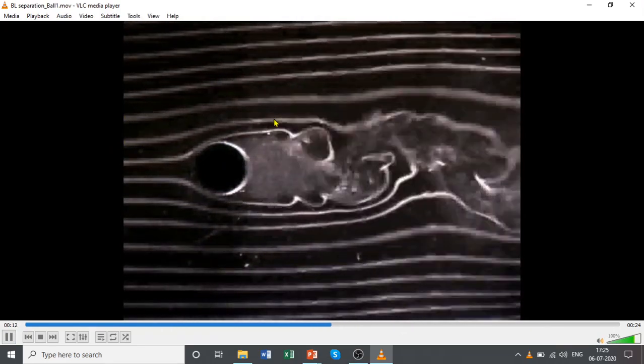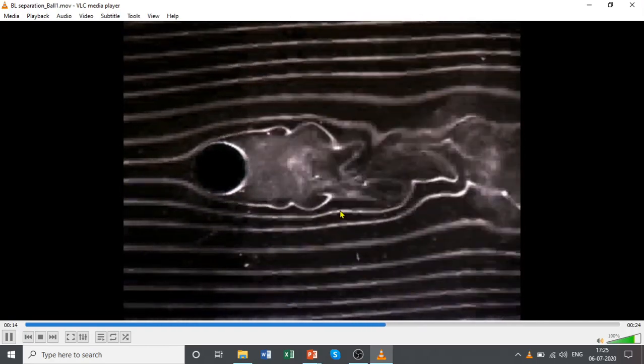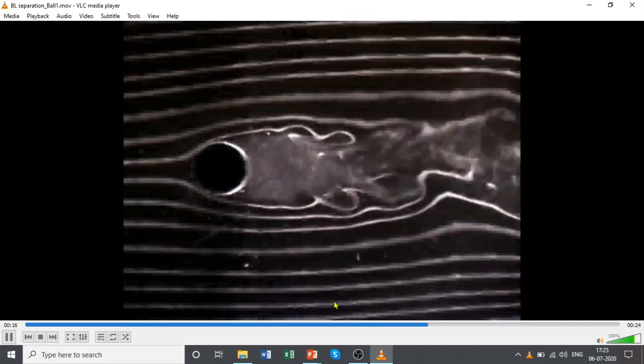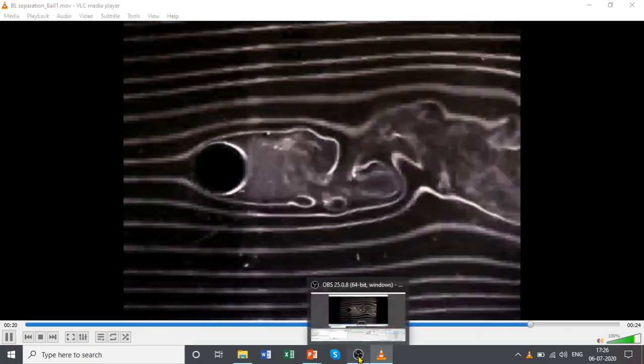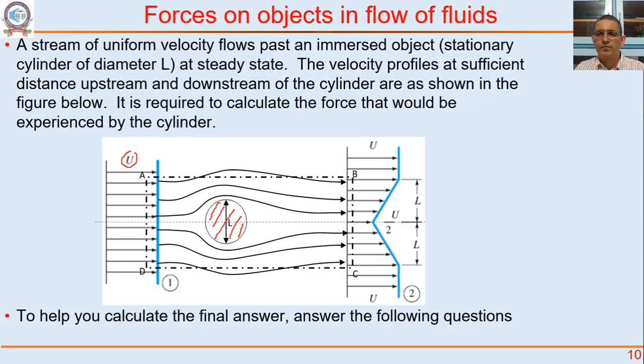The ball causes an obstruction, so the flow goes around. I would like you to take a control volume like this, A, B, C, D. Obviously some streamlines go out, around.